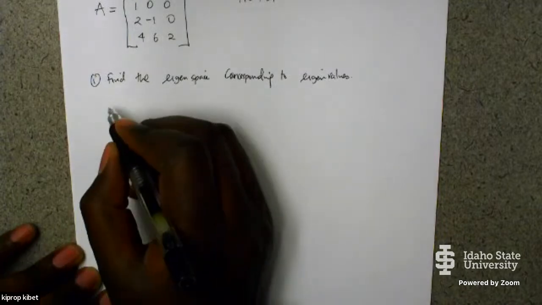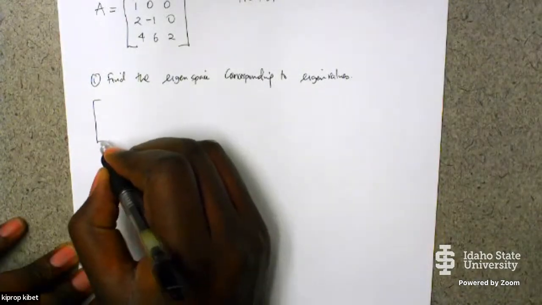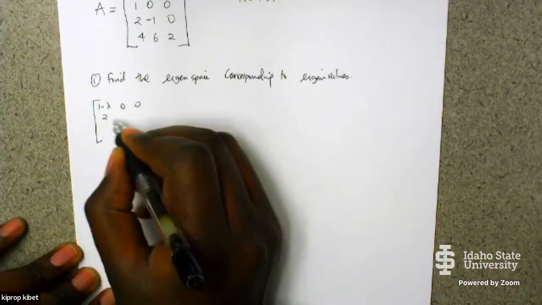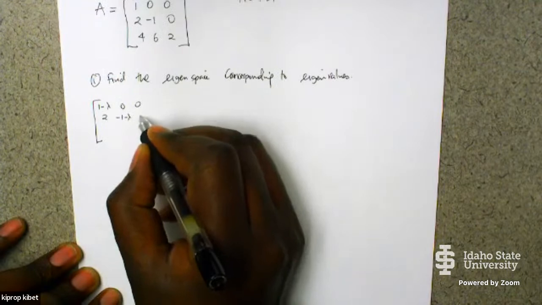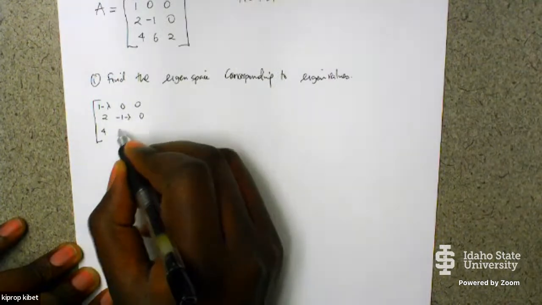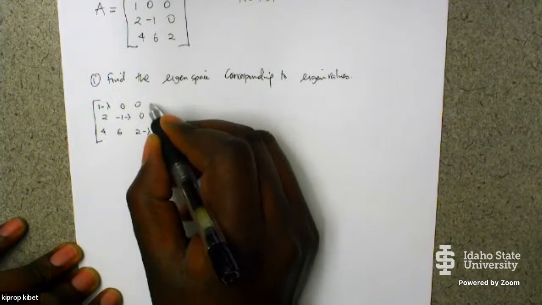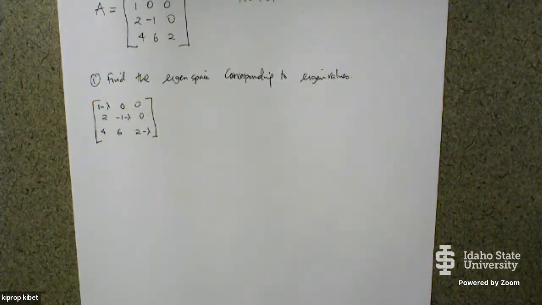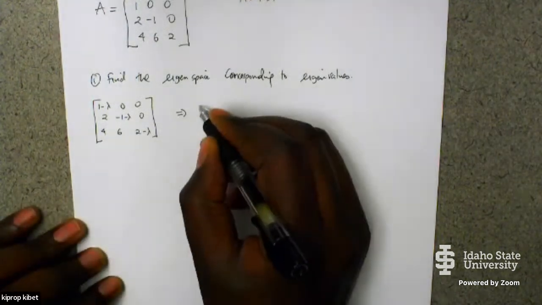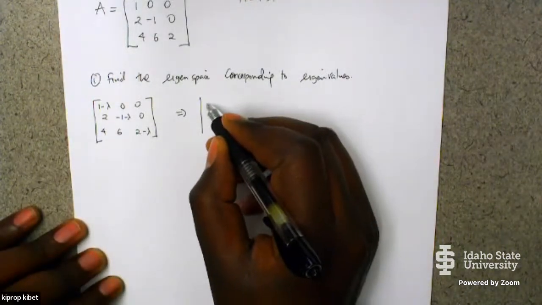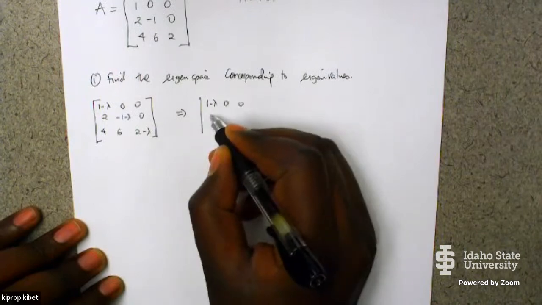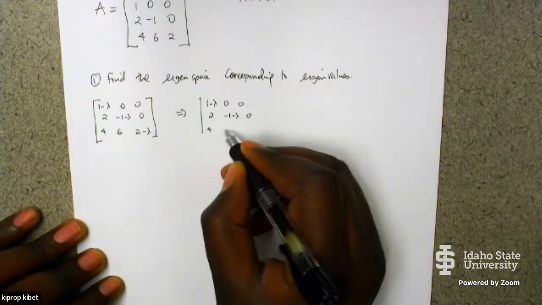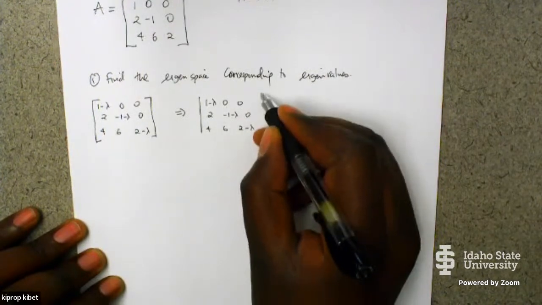So it will be the matrix with 1 minus lambda, 0, 0; 2, minus 1 minus lambda, 0; 4, 6, 2 minus lambda. Now you take the determinant here.